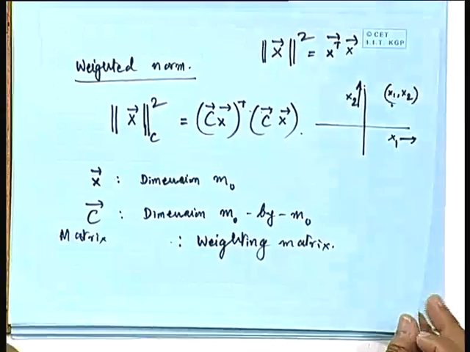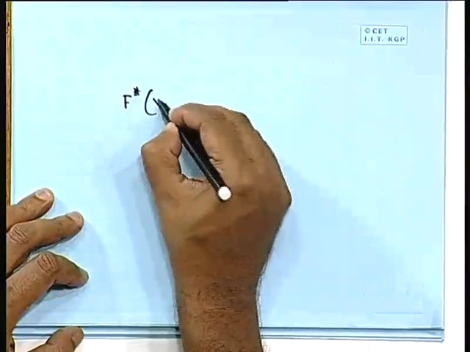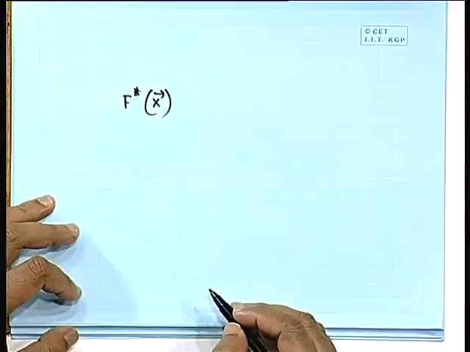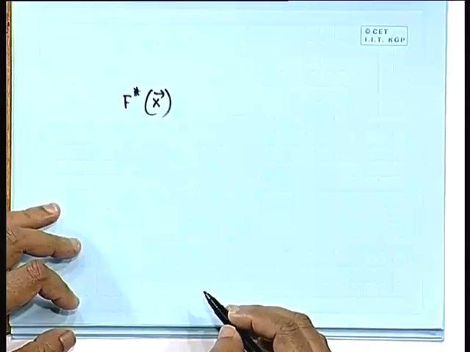So, using the weighted norm, the generalized form of the equation that we obtained in the last class gets modified. Why are we calling it f star? Because f star is different from f, because f is the exact solution, for which we require n number of Green's functions, where n is the number of patterns, and each Green's function has as its center the individual patterns that we are feeding.